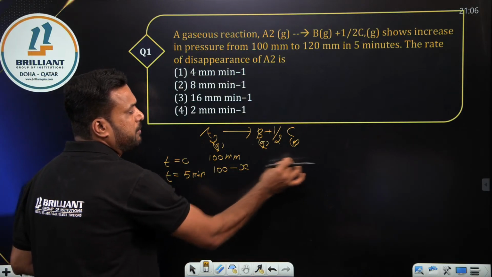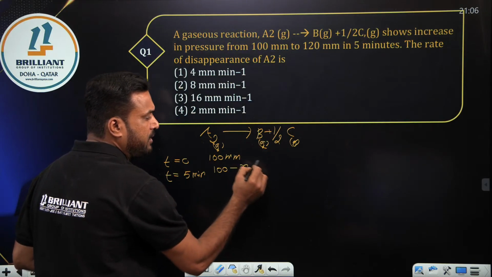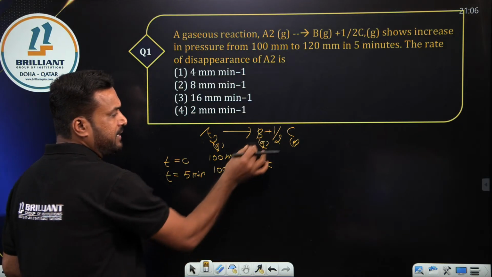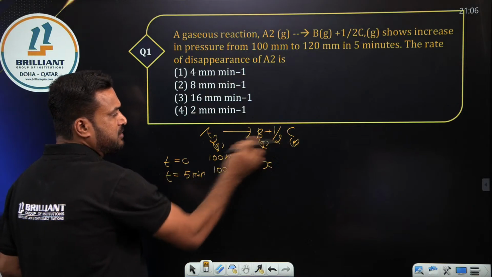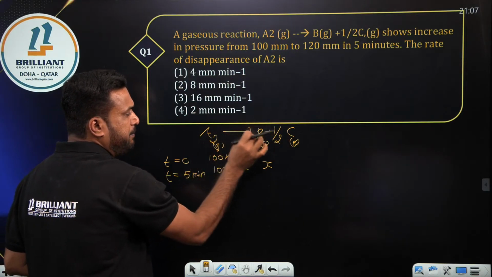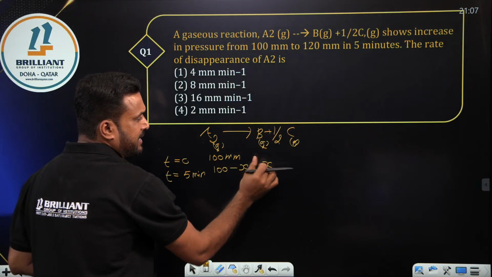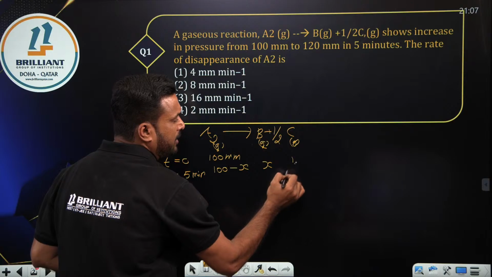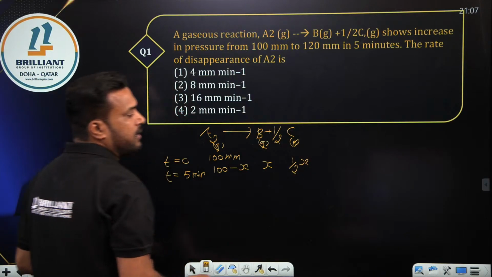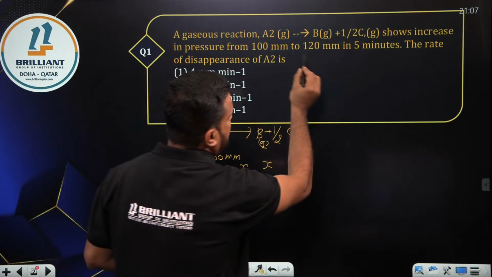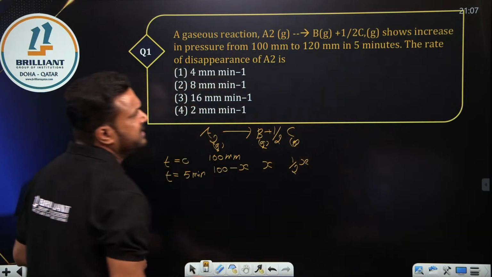We know that one, the total pressure we can consider here. B means 1B, the coefficient, then the pressure I can write after 5 minutes. This will attain an equilibrium, which means A2 will be there, B will be there, and 1 by 2C will be there. So for B, the pressure we can write as x, and for C I will write 1 by 2x. Then what we can write, they gave the total pressure, means 100 mm to 120 mm is given.